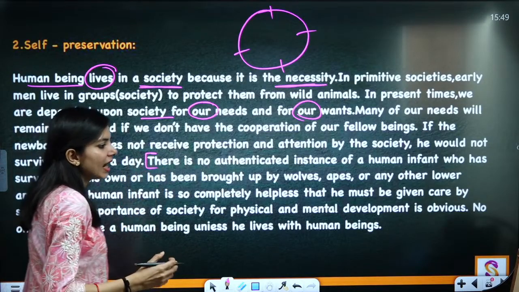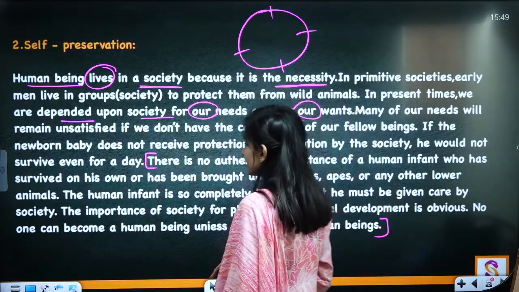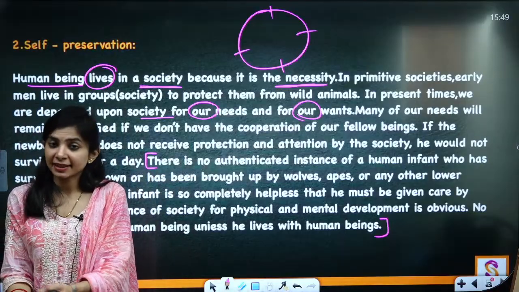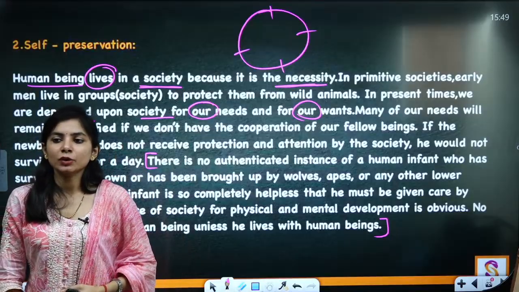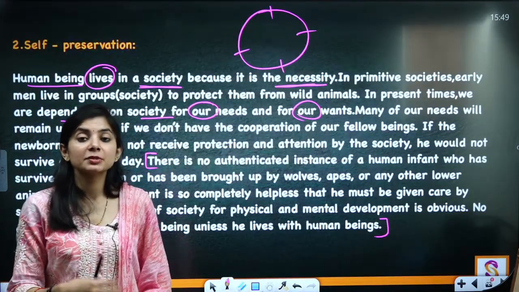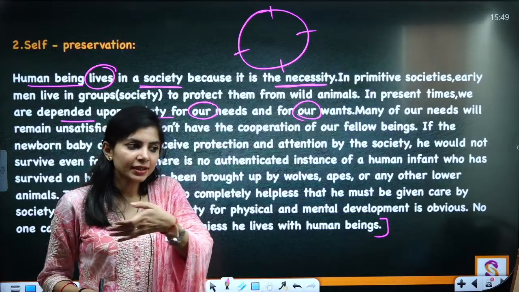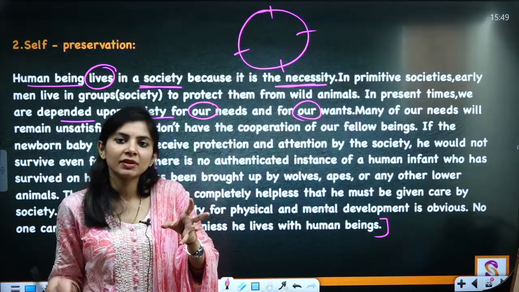We have a fantasy related to Mowgli, that Mowgli survived while being nurtured by the animals, and he was walking on two feet, he was speaking the same language, and he was able to replicate the behavior of the animals as well as the humans.